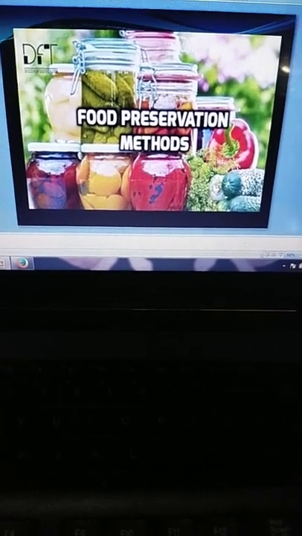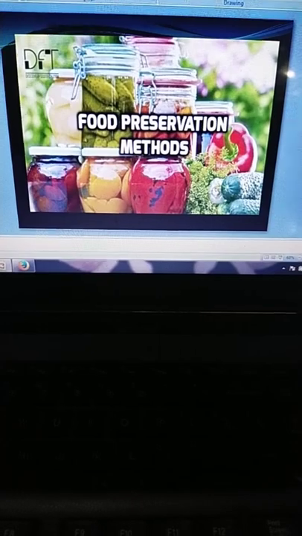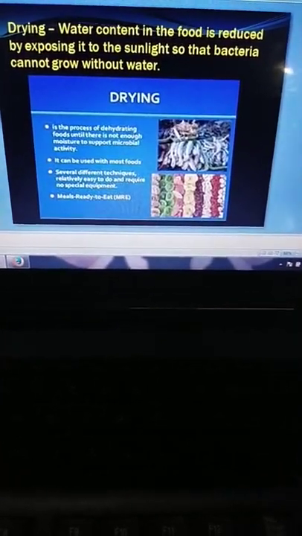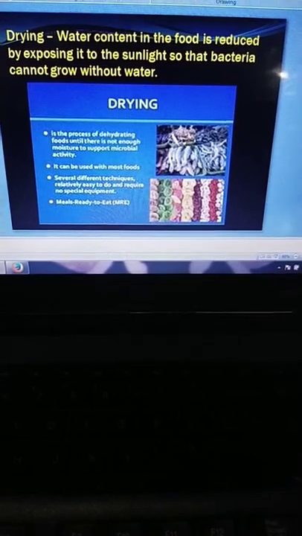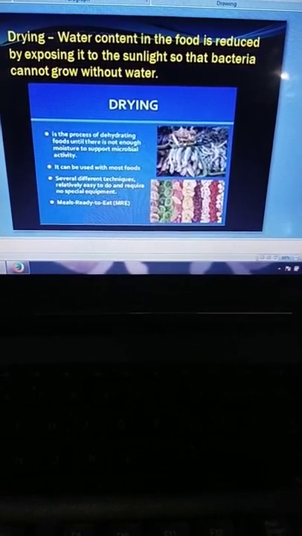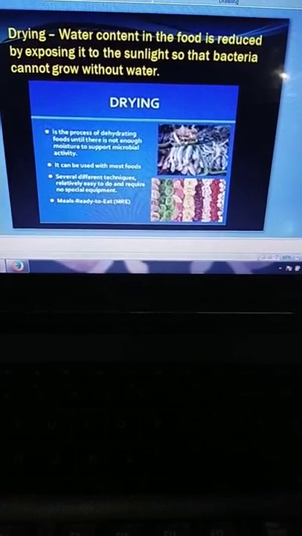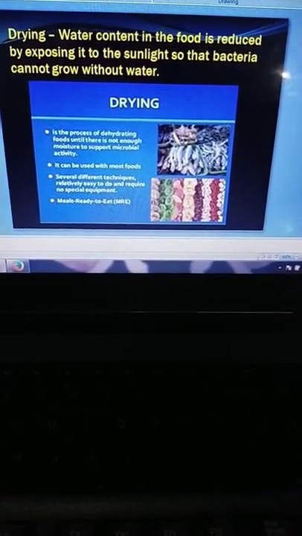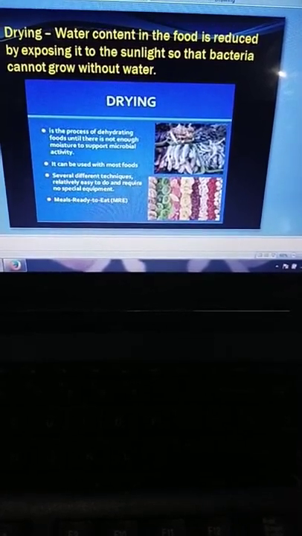There are various food preservation methods which we will follow today. First is drying. In the process of drying, water contained in the food is reduced by exposing it to the sunlight so that bacteria cannot grow without water. It can be used with most foods.